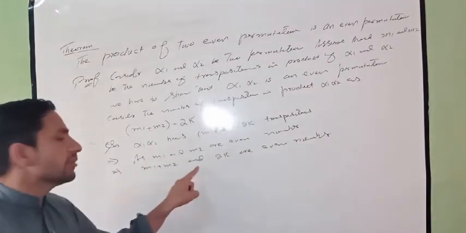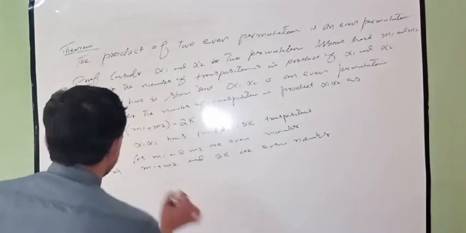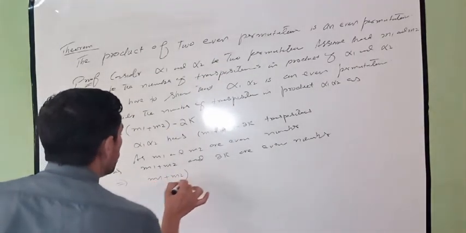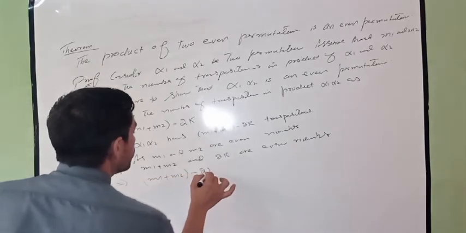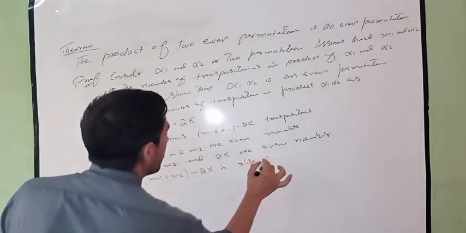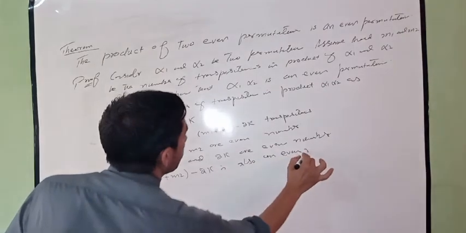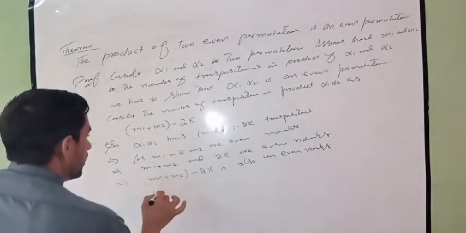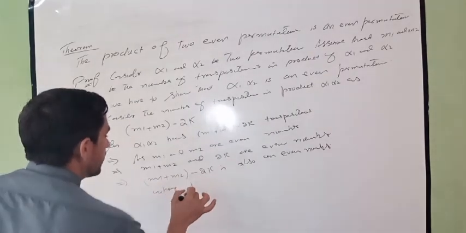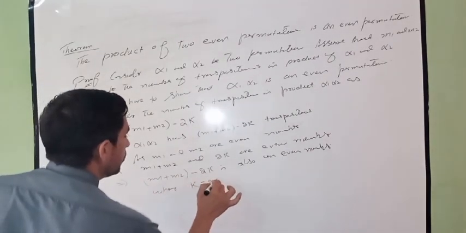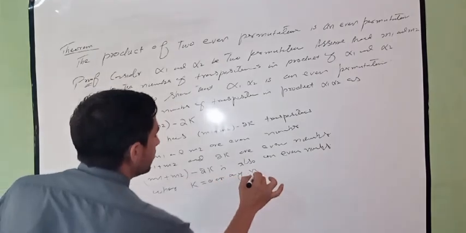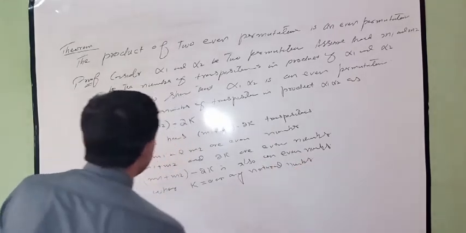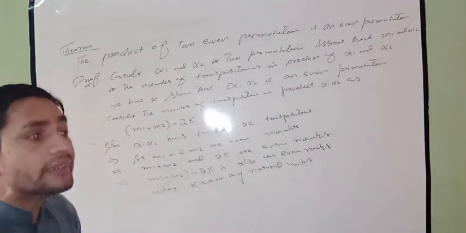If they are even, their sum is even, and 2k is also even, and therefore we can say that m1 plus m2 minus 2k is also an even number, where k equals 0 or any natural number, which is adjustable for suitable simplification.